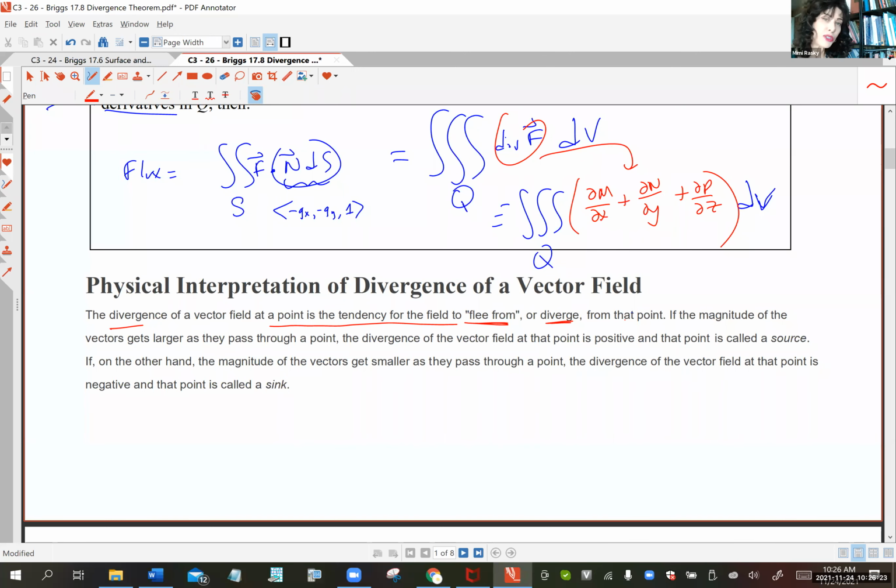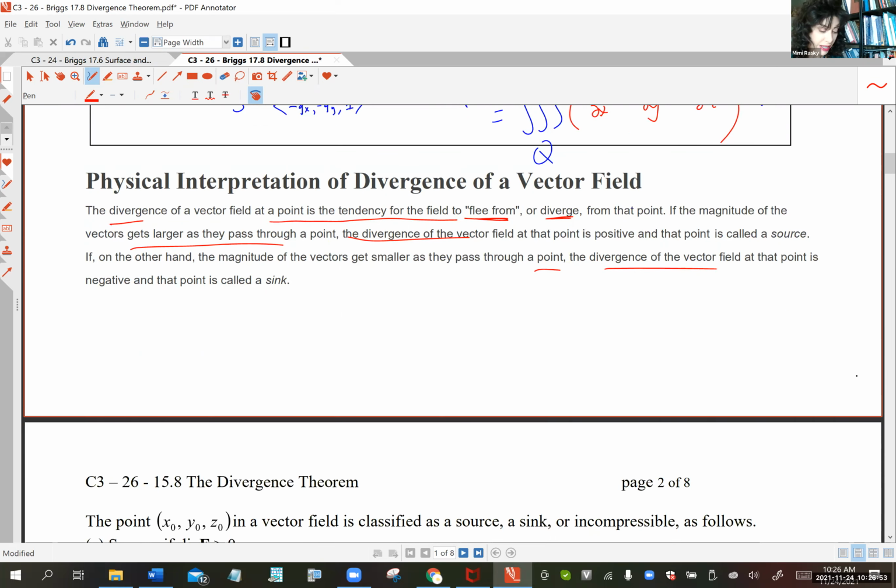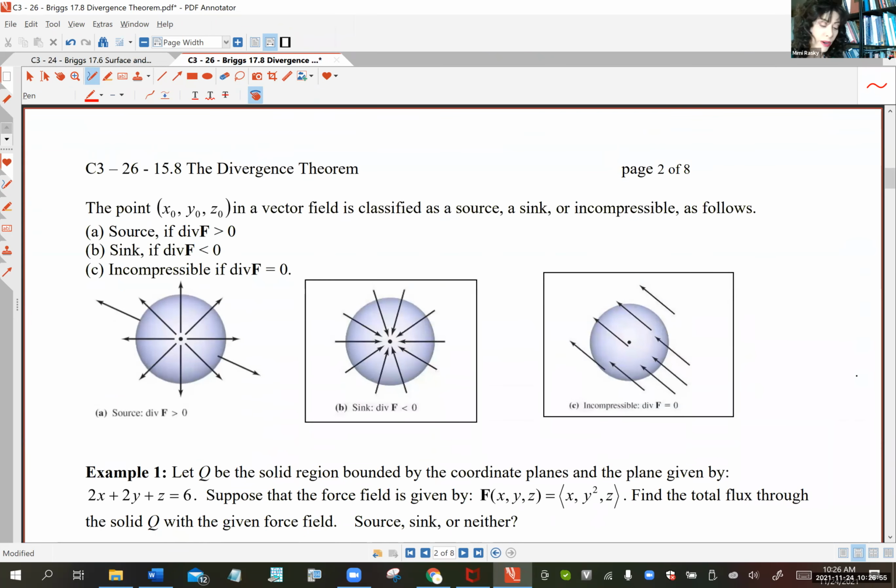After you calculate a divergence, if the magnitude of the vectors gets larger as they pass through the point, then the divergence of that vector field is positive, and that point is called a source. If, on the other hand, the magnitude of the vectors gets smaller as the vector field passes through a point, the divergence of that field is negative, and that point is called a sink. We'll look at that idea more on the next page with some little diagrams.